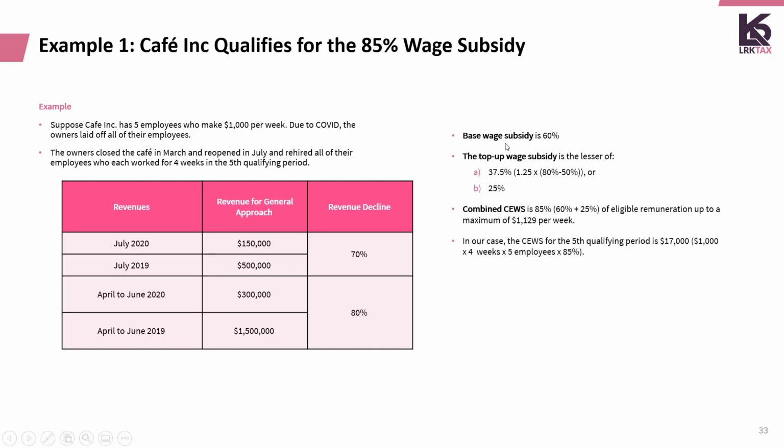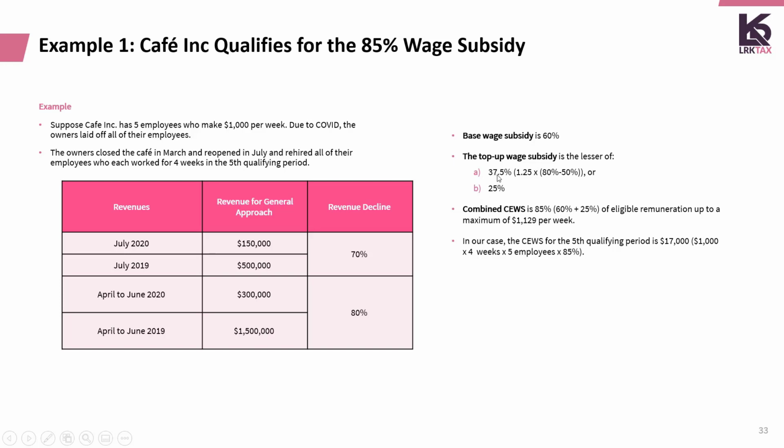So the base wage subsidy is 60%. If you were paying attention, if you have a greater than 50% revenue decline, you get a 60% wage subsidy for the base. And obviously you do. So 60% times $20,000 is already $12,000. So we have to calculate next the top up wage subsidy. Again, I'm not going to repeat the formula, but this is the formula.